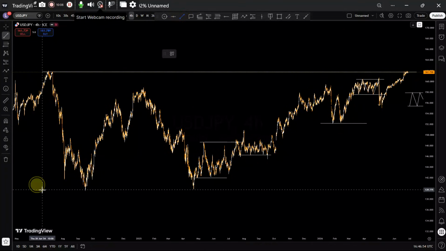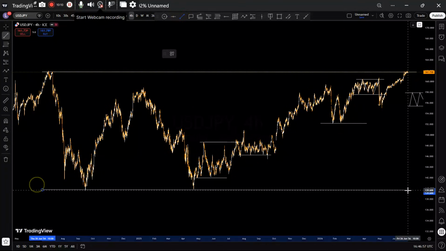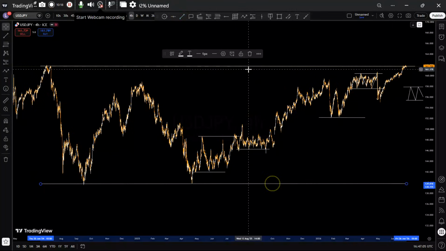This is a concept some people use in trading. So you saw the way the market reacted to this point. We have our support here and we have our resistance here. So I think I should name it.